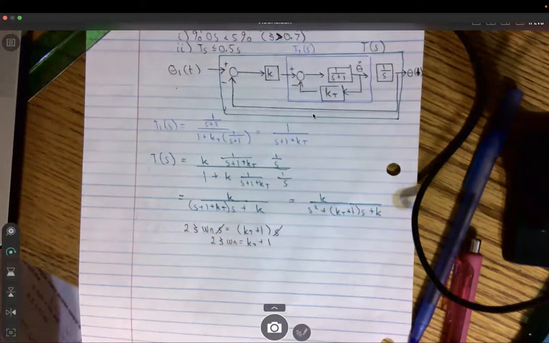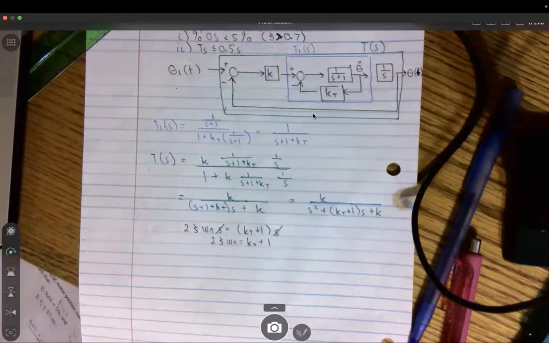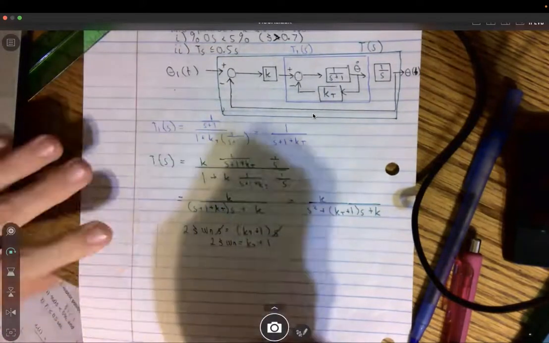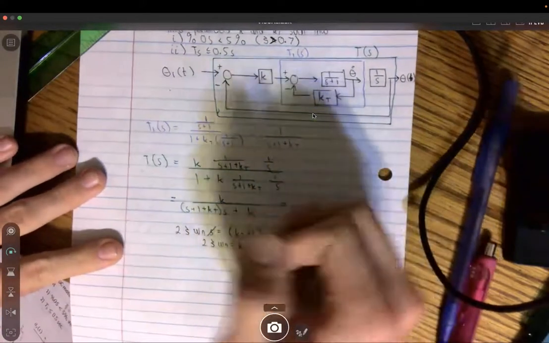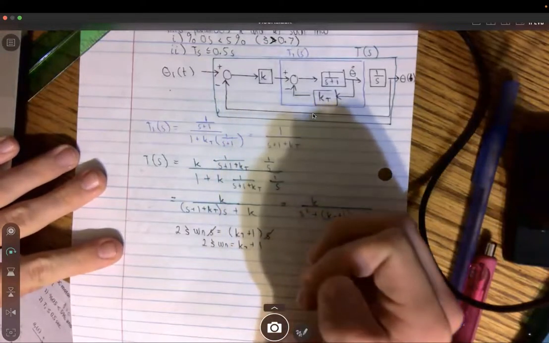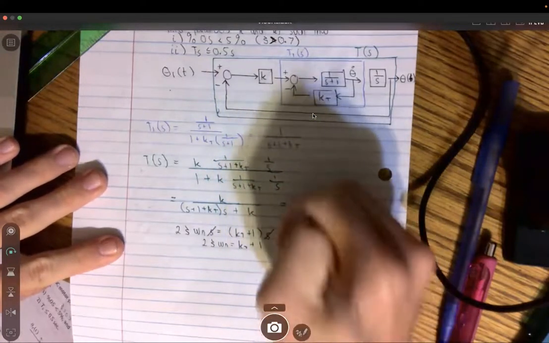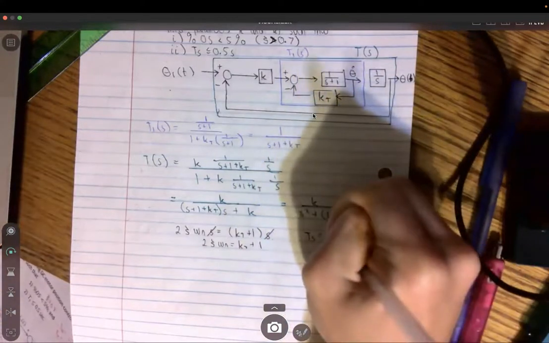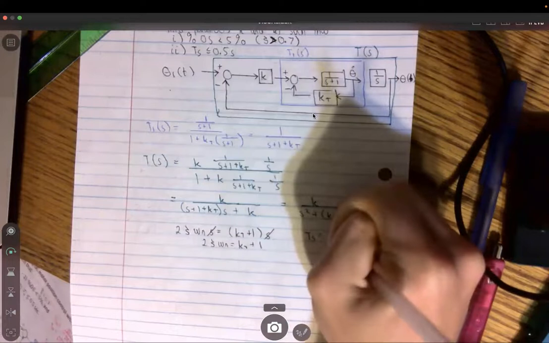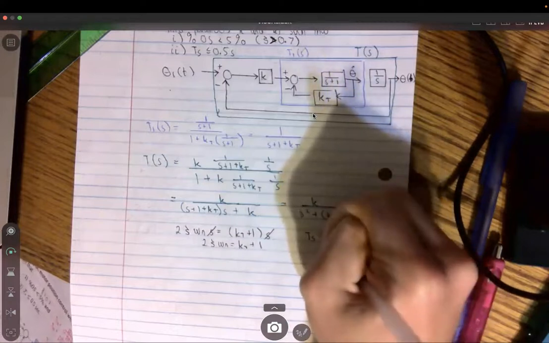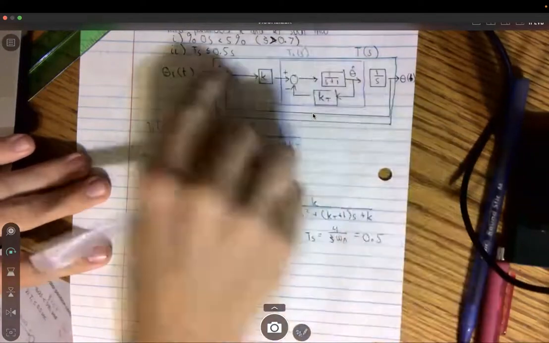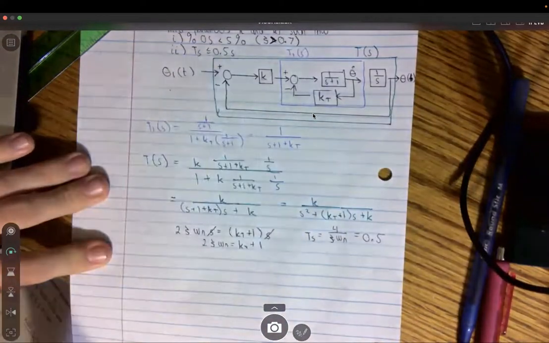And then what we're going to do from here is look at what we need to do. We have our settling time. They told us it has to be less than or equal to 0.5 seconds. And so since this is going to be our design aspect, we have our settling time, if you recall from the equation, is equal to 4 over zeta omega n, but this was equal to 0.5 because it could be equal to 0.5 seconds or less than.